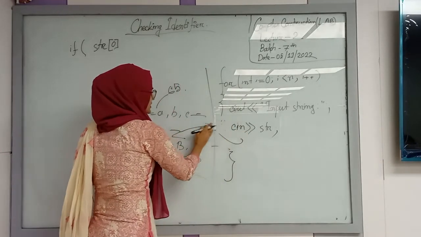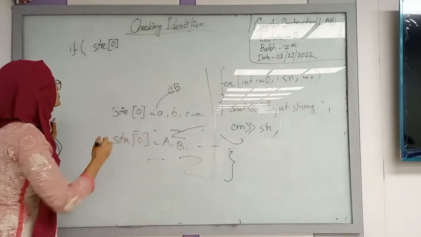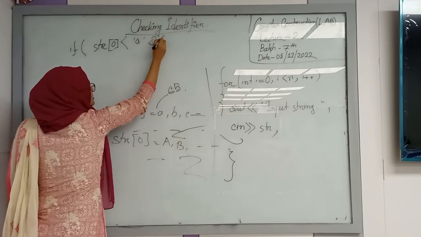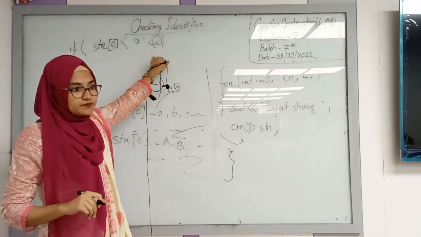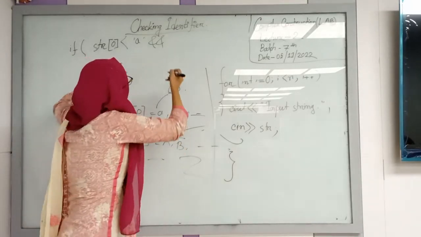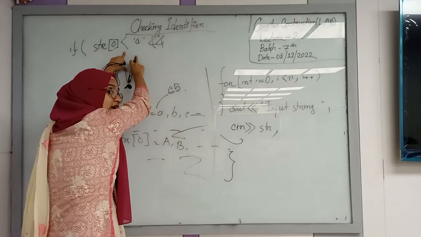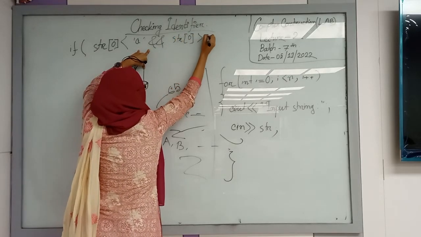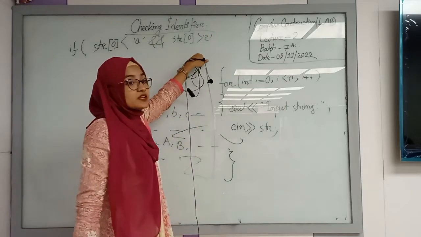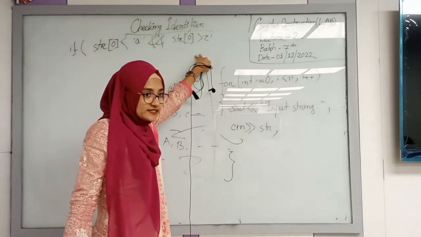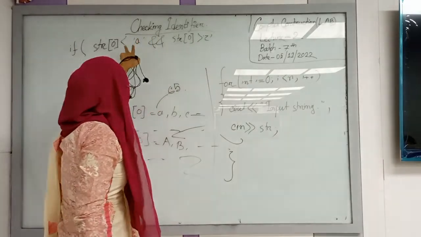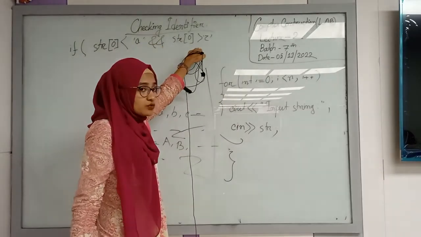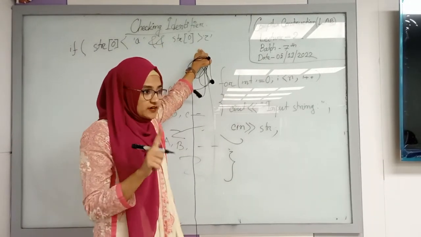I don't actually remember, but it starts here. So str[0] will be greater than or equal to a, and it can go along to z. Here we are using the ASCII value serial. This is our first condition.